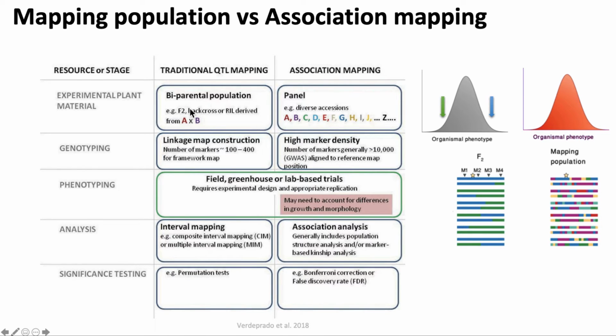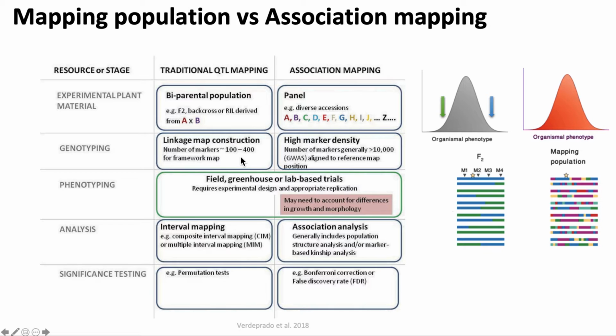Again, this is really important: with a biparental population, that is the QTL approach, we are just going to test two alleles, in the case of dry beans, where we can use pure lines. But with a diversity panel or a natural population, we're going to have a lot of alleles. Also, the genotyping section is important, because as biparental populations have a low number of recombinations, we don't need a lot of molecular markers.